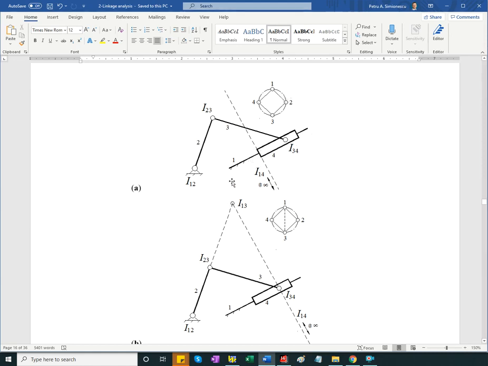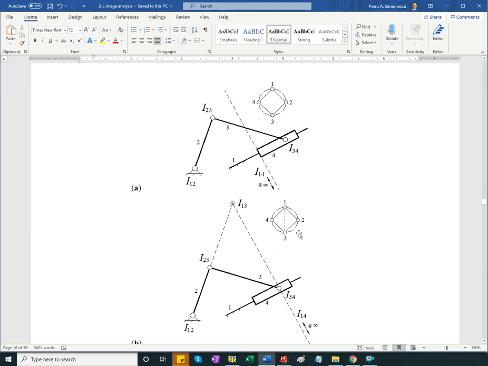Same as with the 4-bar, we have the ground link 1, 2, 3 and 4, the slider, and we know that the instance center between ground and link 2 is at the center of the pin joint. This is the other instance center between 2 and 3. The instance center between 3 and 4 is right here.